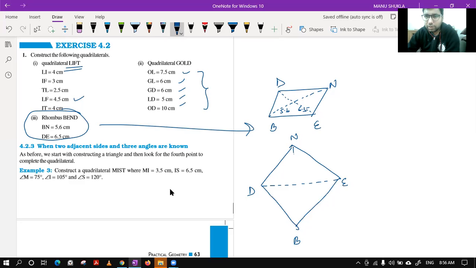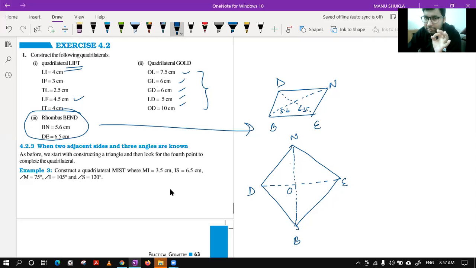Class, please help. How can we find the sides when we know both the diagonals of a rhombus? We have done this kind of question. Yes, Ananya, very good. We have to apply Pythagoras theorem. Why can we apply Pythagoras theorem? Because we know in a rhombus, diagonals bisect perpendicularly.